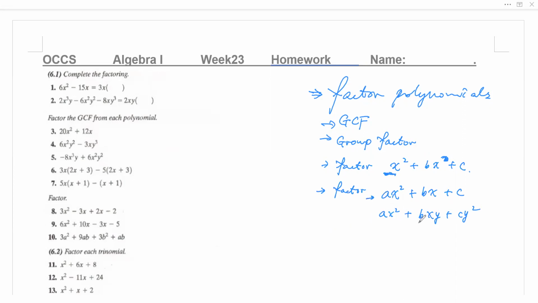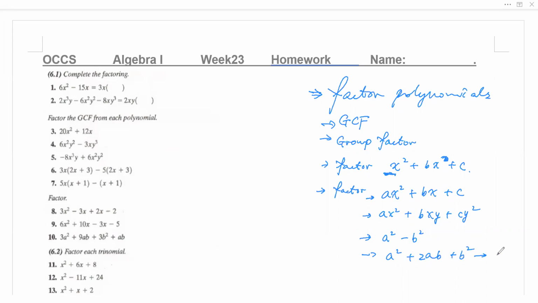We have limited time, and we have spent some time talking about factoring this situation and some special products like a squared minus b squared, right? And also some special situations, something like ax squared plus 2ab plus b squared.